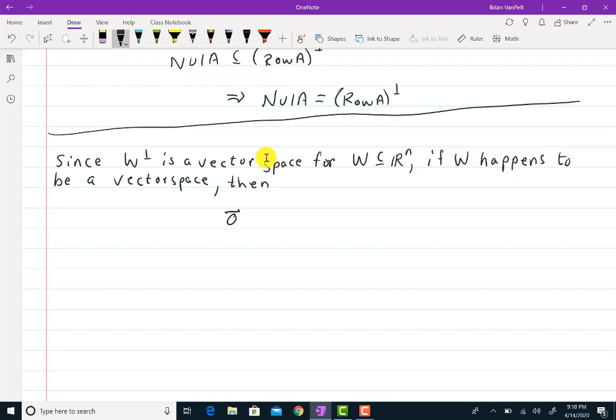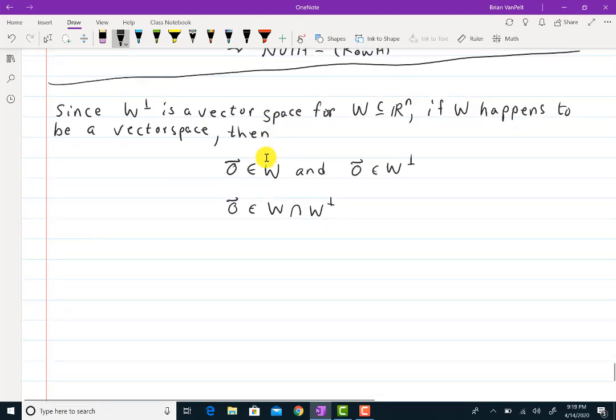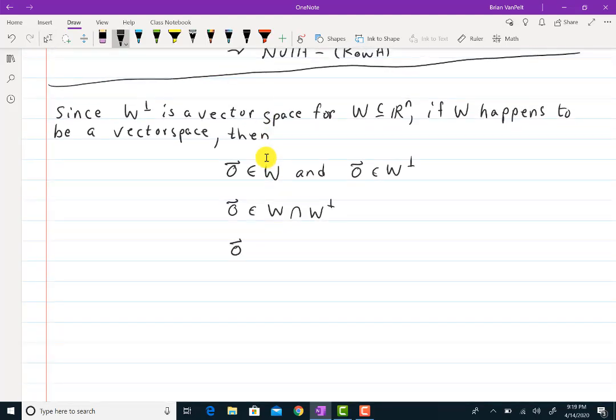If W was a vector space, I know that 0 would be in it, but I also know that the 0 vector is in W perp anyways. Next, what else would I have? I would have then that 0 is in W intersected with W perp because it's in both of those sets. And so 0 is a subset of W intersected with W perp.